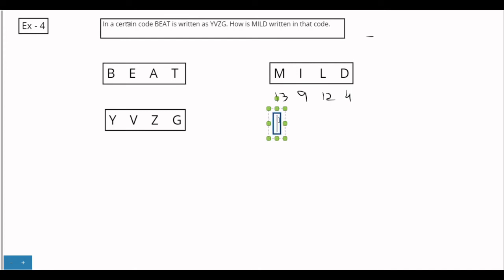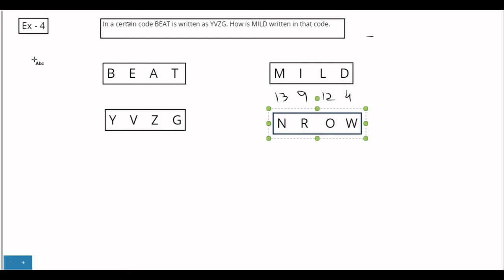In the same way, N is 13th from the last, R is 9th from the last, O is 12th from the last, and W is 4th from the last. So our code for mild will be NROW. This is how you solve these kinds of questions. On to the next one.